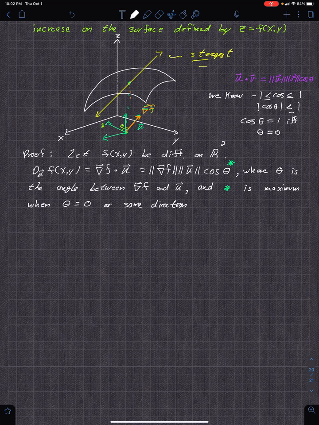Otherwise, this is a fraction, which makes it smaller. So that's your argument. That's basically it. Okay, hopefully that made sense to you.